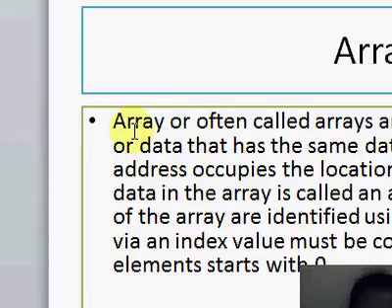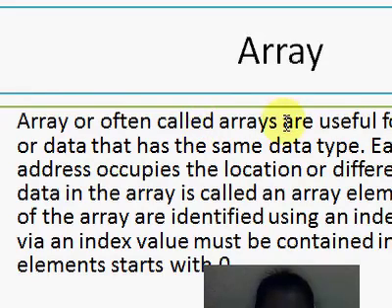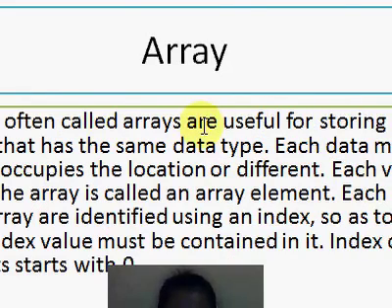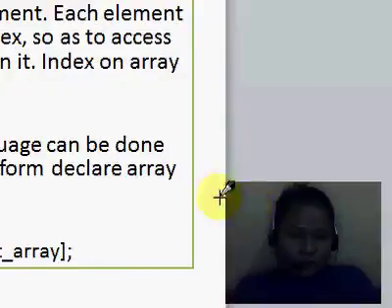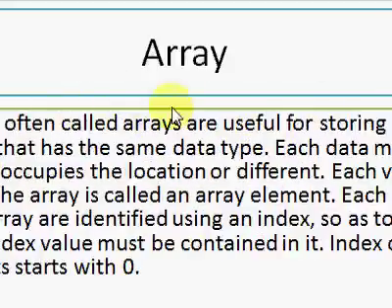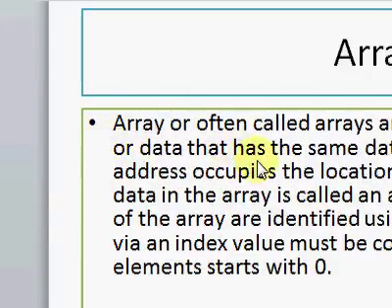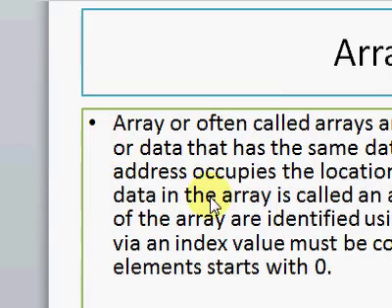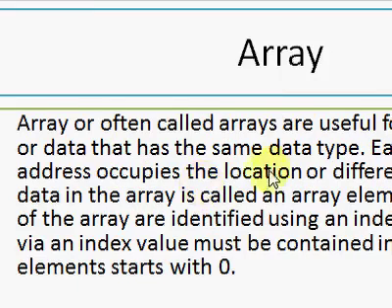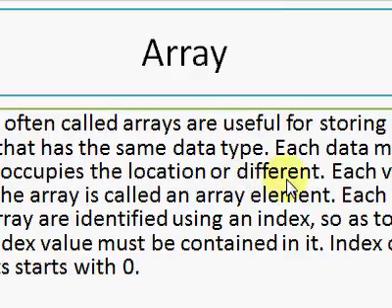Arrays are useful for storing values of data that have the same data type. Their memory addresses or locations are different.